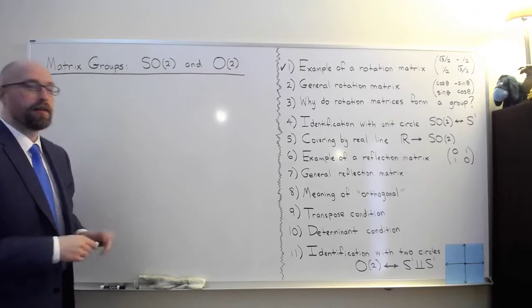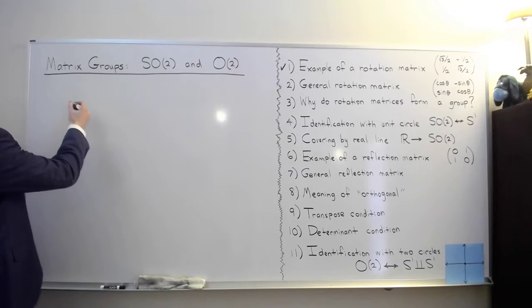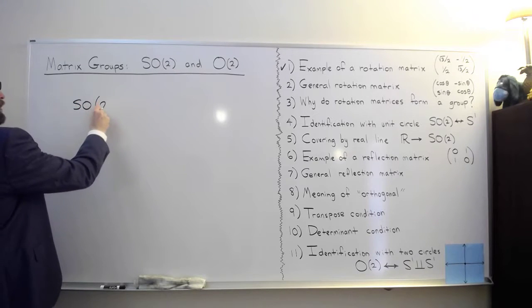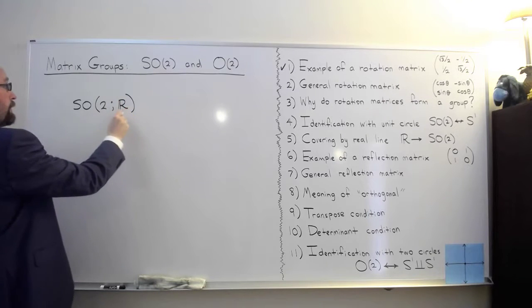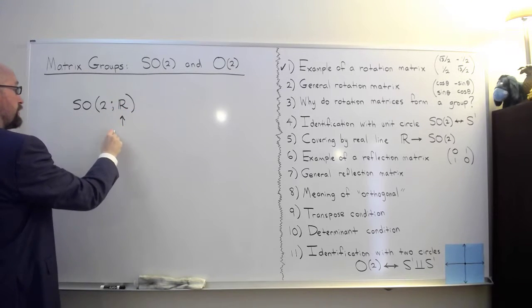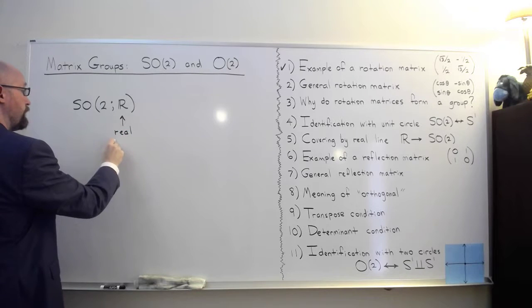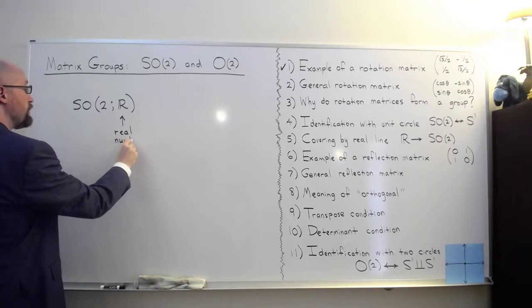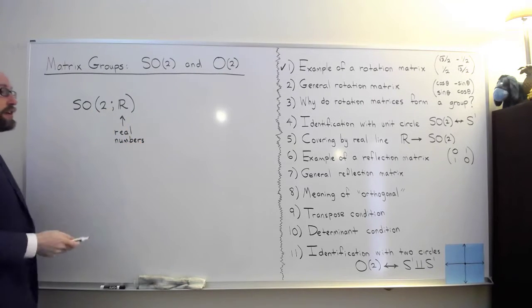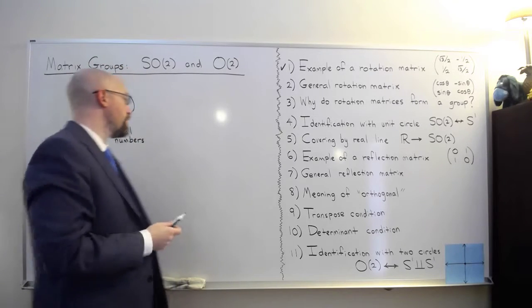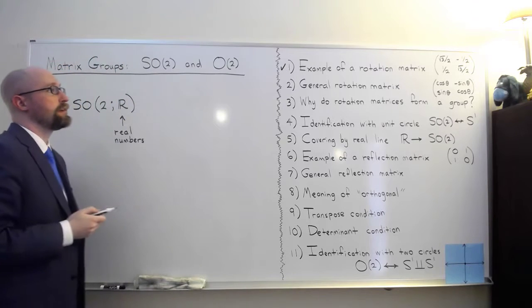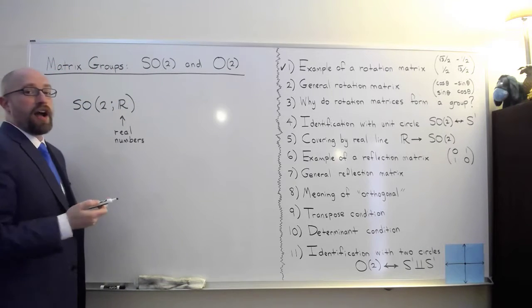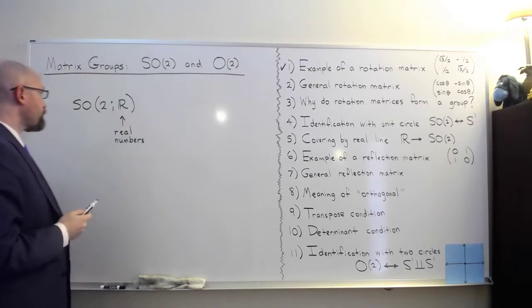Before I get to that, I want to make a remark, and that is that when we're talking about these matrix groups, there's really an implicit R, so this is for real numbers here. So that tells you that the entries in these matrices that we're looking at here are real numbers as opposed to coming from some other object, like the rational numbers, for example.